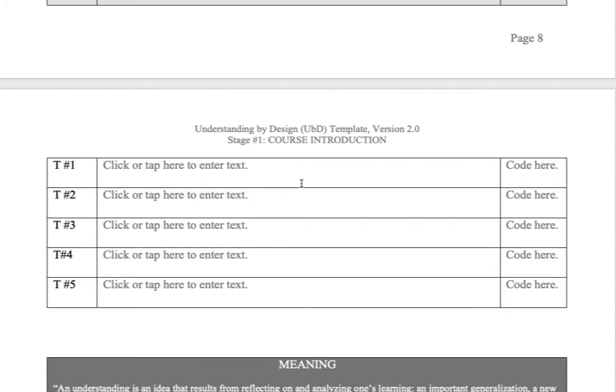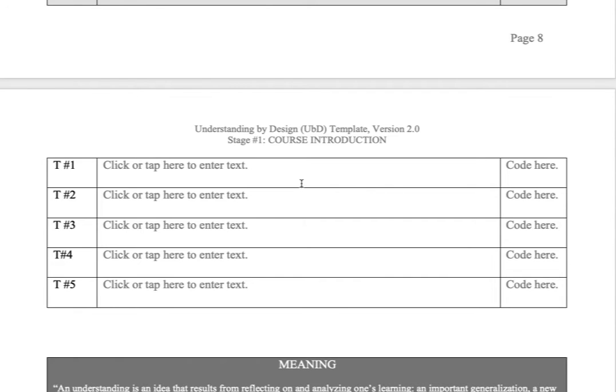Or I might include something like reason abstractly and quantitatively. Or another one that I may use is use appropriate tools strategically. So those things can be used in a variety of areas, well beyond this unit, beyond this grade.